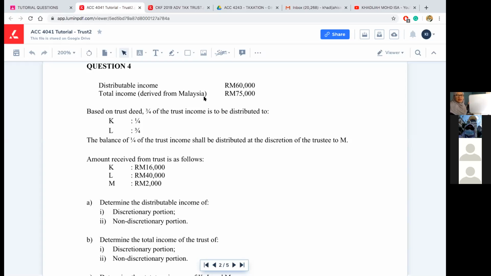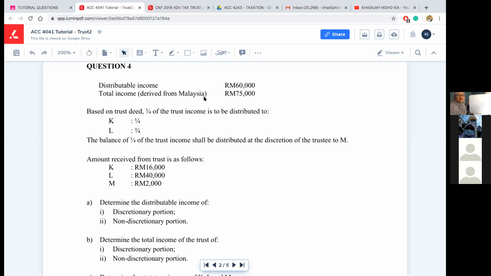So how many beneficiaries do you have here? We have distributed income of 60,000, total income of 75,000. Based on the trust deed, 3/4 is to be distributed to K and L. So when you see this, you know that K and L are a non-discretionary trust. The balance 1/4 shall be distributed to M, which is the discretionary trust.